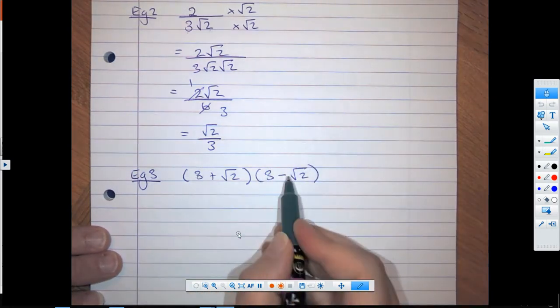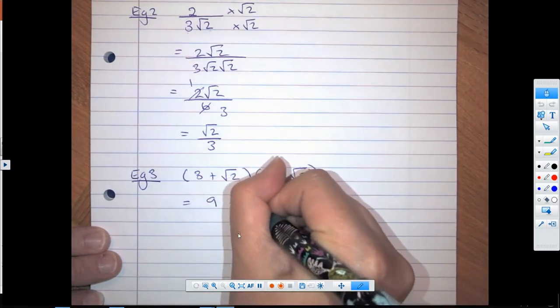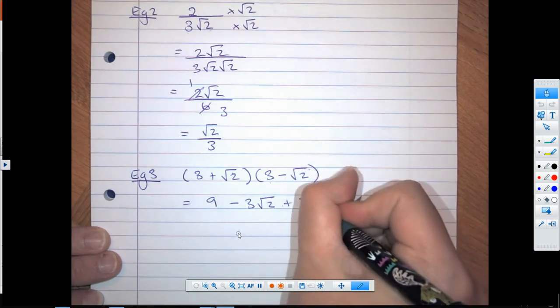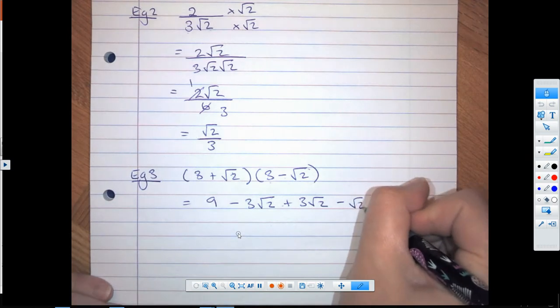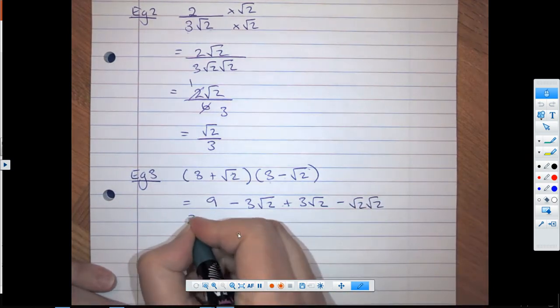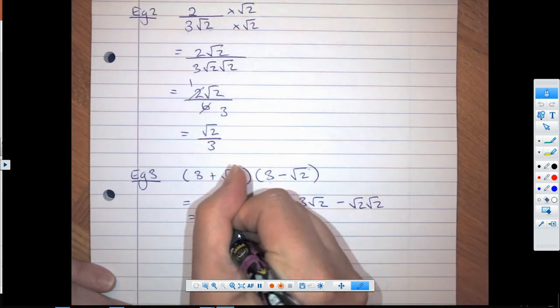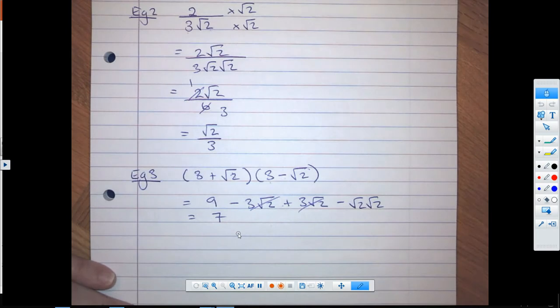Okay, we would do 3 times 3, which is 9. Then 3 times minus root 2, minus 3 root 2, and then root 2 times 3, plus 3 root 2, and then root 2 times minus root 2, which is minus root 2 root 2. Okay, so that is going to give us, we know this becomes a 2. 9 take away 2 is 7. Okay, and then these actually cancel out. I'm actually just left with 7.